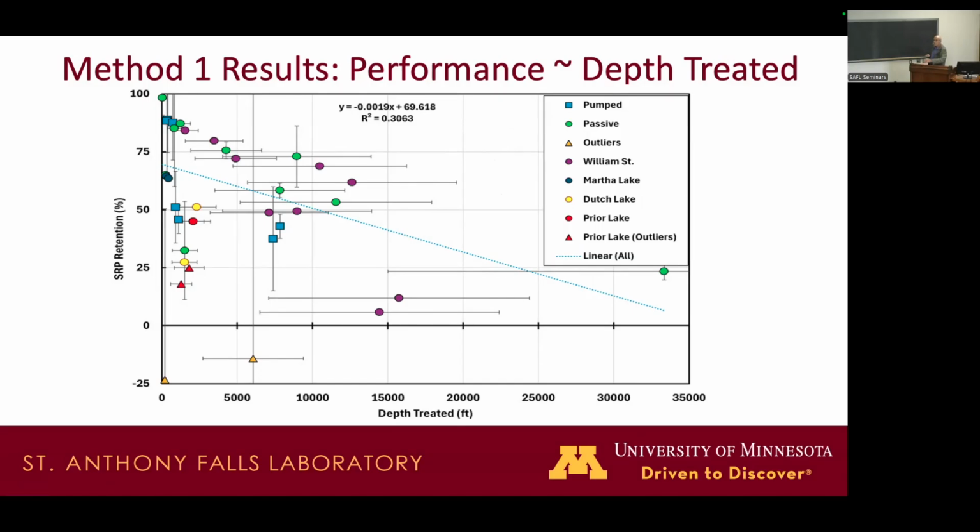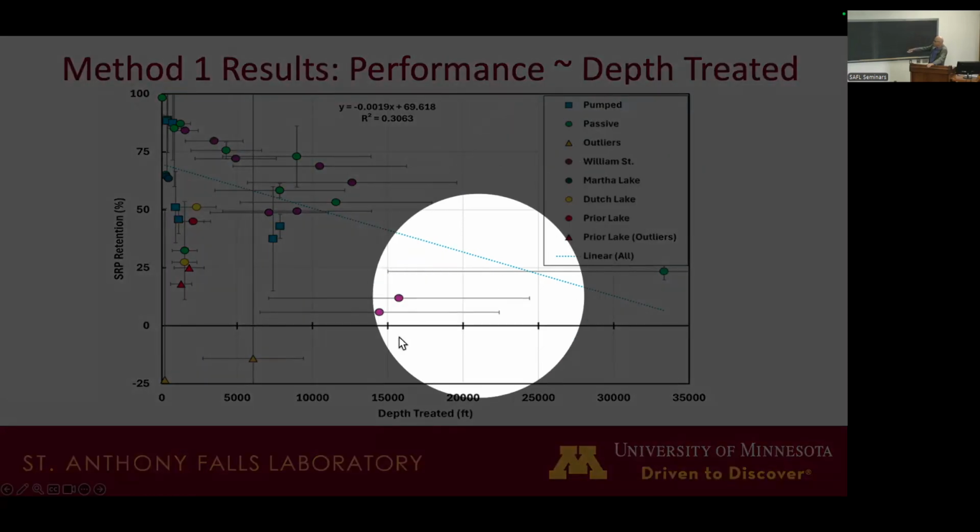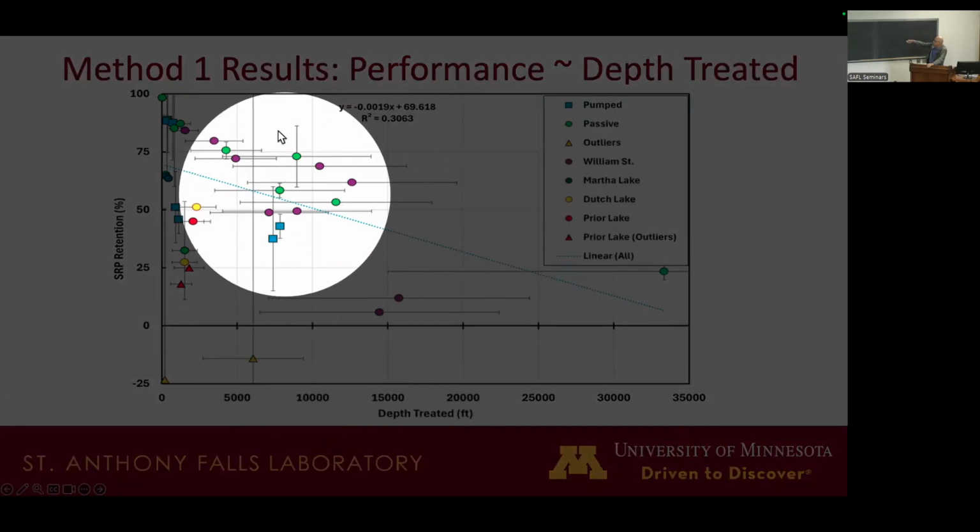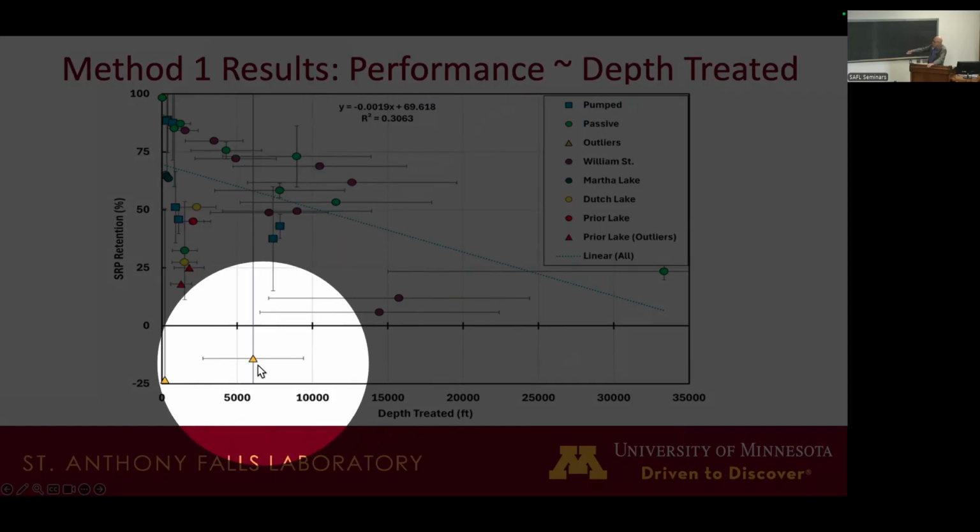For example, if you have a site where you are measuring your retention of phosphate and it varies all over the place, that would give you a high degree of uncertainty. And so the standard deviations are the whiskers on here, and you can see that some of these are really big, like this one here. Well, we're calling that an outlier for that reason.